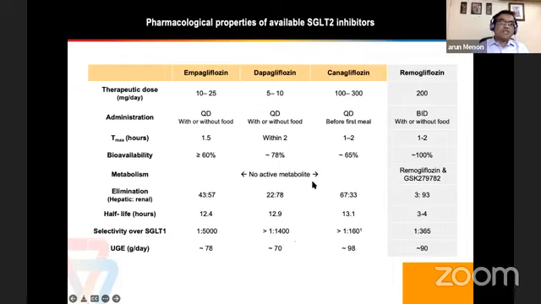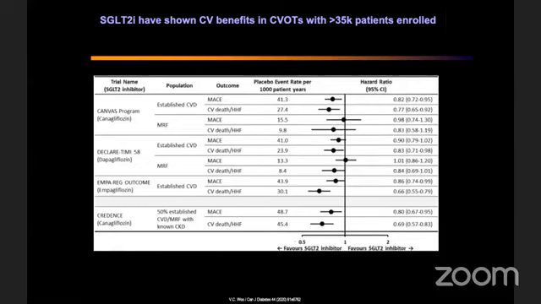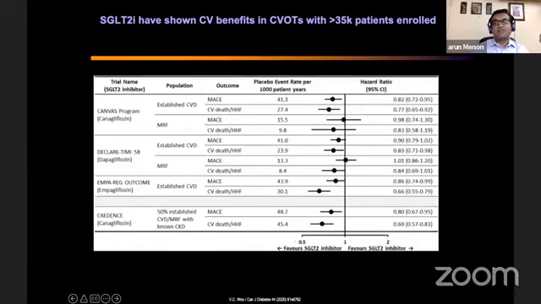Again, class effect is what I would look at. There are a lot of studies, a lot of cardiac studies and renal evidence, and the renal and cardiac protection is pretty impressive with all these agents. They have been used in different patient groups, from very high cardiovascular risk to low cardiovascular risk, and people with renal function across the board, and consistently they have shown cardiac and renal benefits.